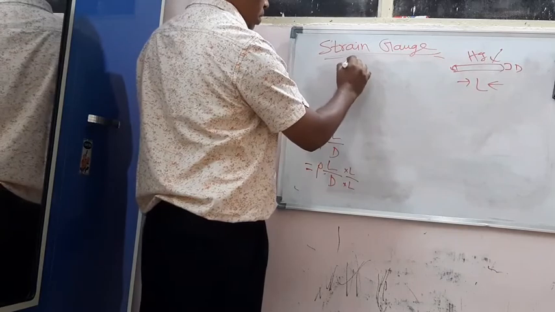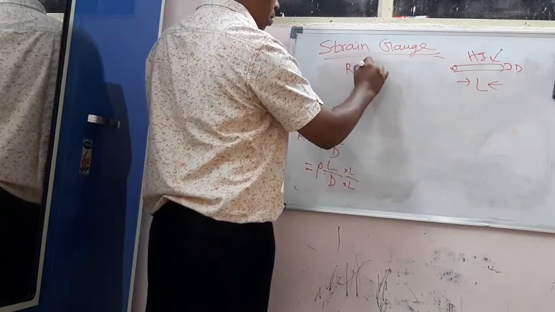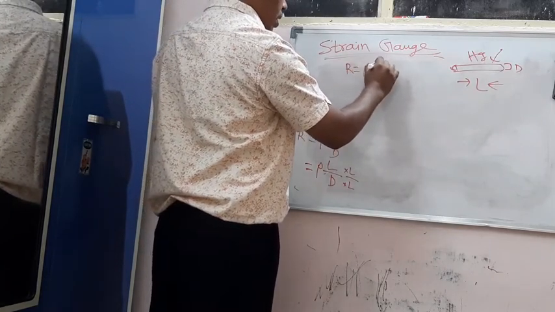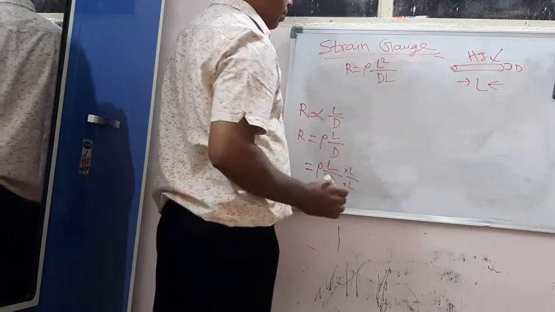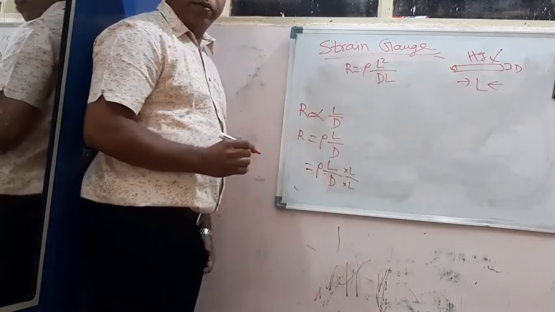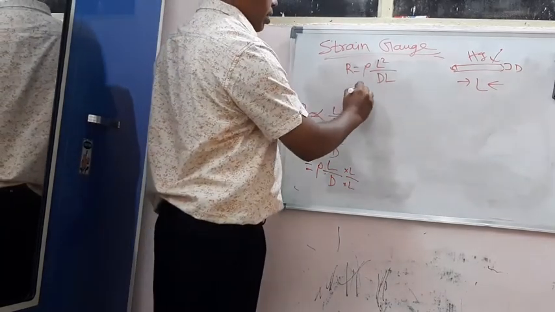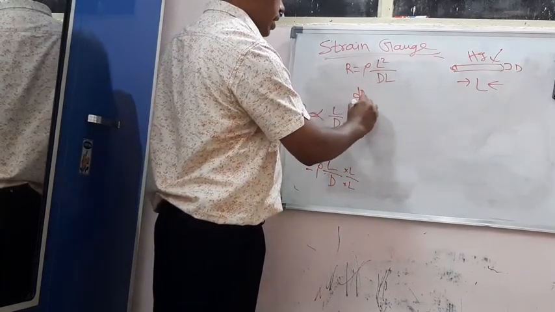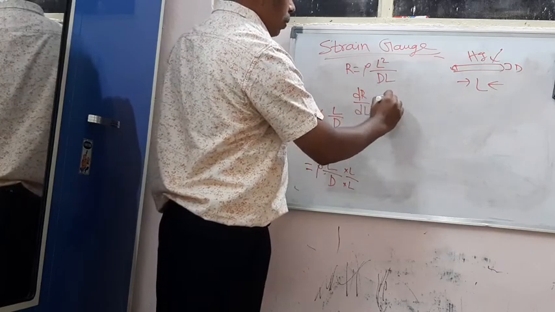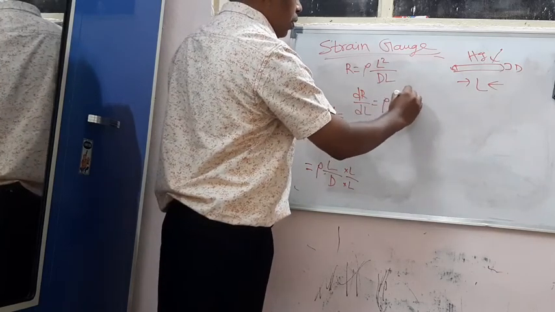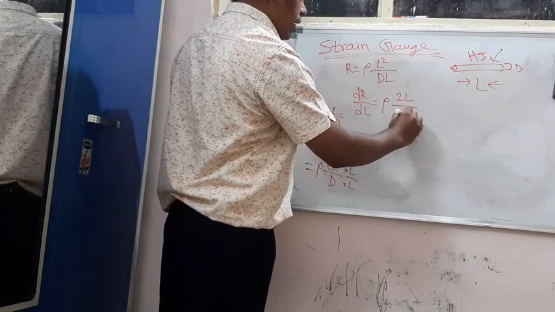So R equal to rho into L squared by D L. Now I am going to differentiate. So dR by dL equal to rho into 2L divided by dL.